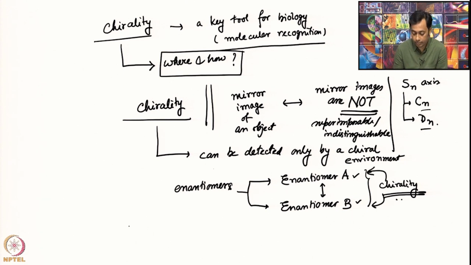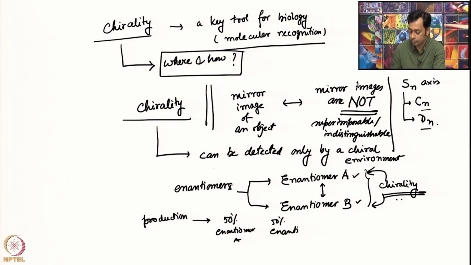That is why, even when you are producing a chemical, the production typically does not use any chiral environment, and what we get is 50% enantiomer A and 50% enantiomer B. You cannot avoid it, they will always be present 50-50.